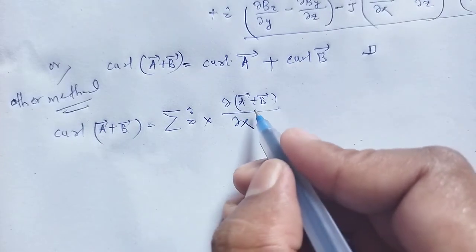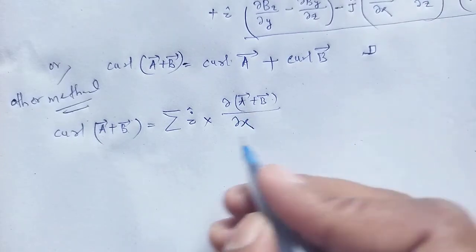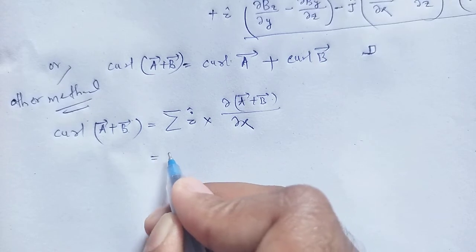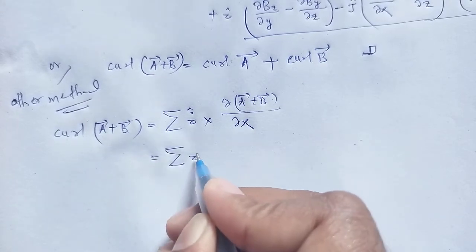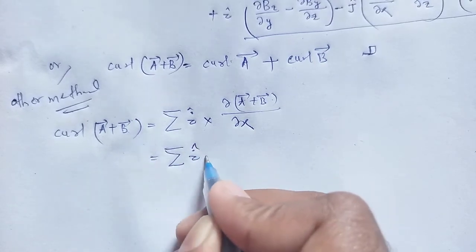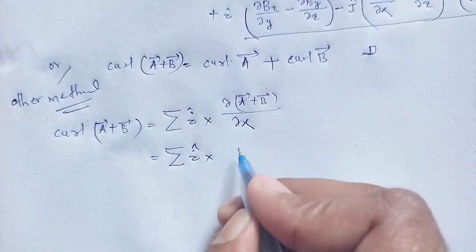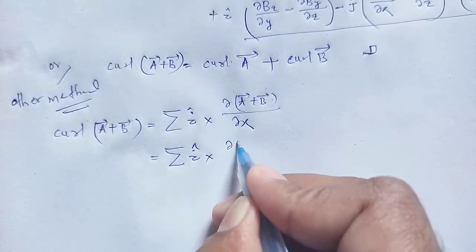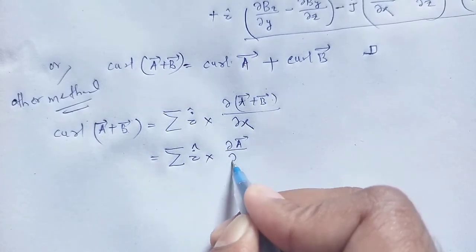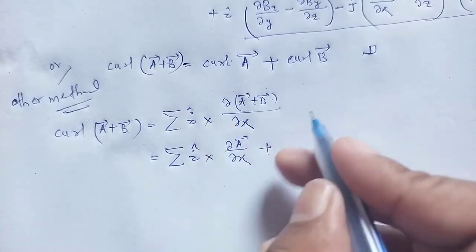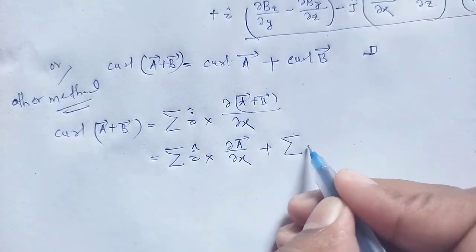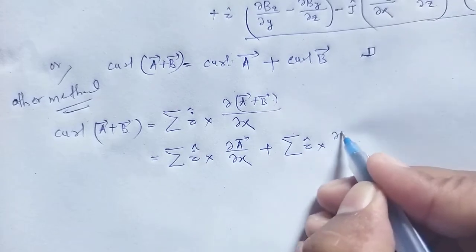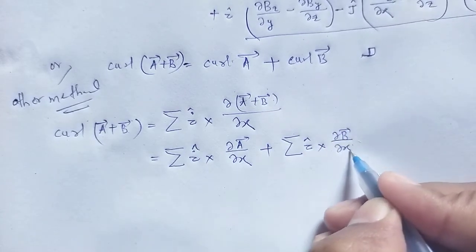That is, del by del x of (A vector plus B vector) is equal to summation over i cross del A by del x plus, we just separate, summation over i cross del B by del x.